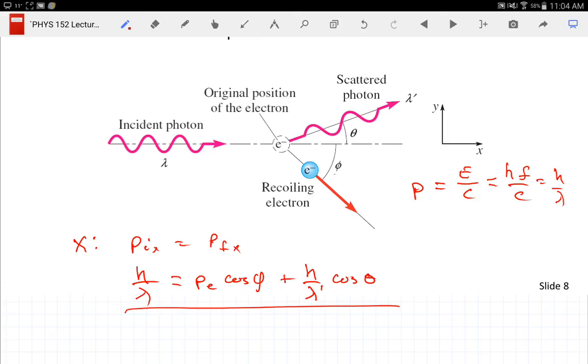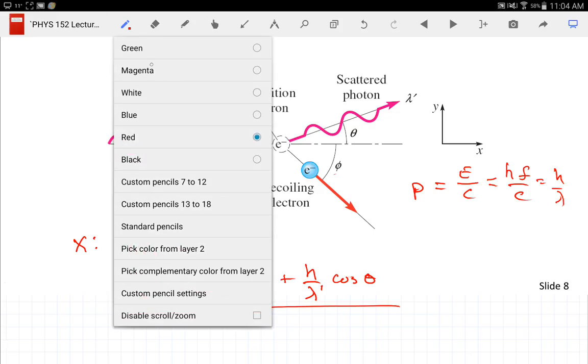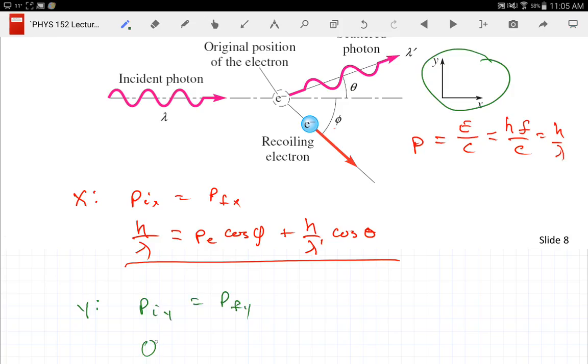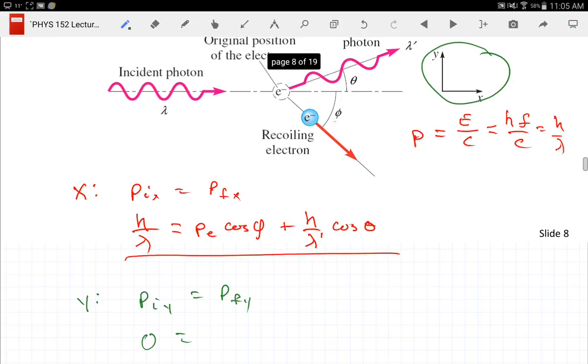Now, that's not enough to determine what's going to happen. But it's a start. I can go to the y direction. In the y direction, what can you tell me about my initial momentum? It's 0 because my xy coordinates are shown right here. And you see it was not traveling vertically. And now we just have to choose which one's positive and which one's negative.